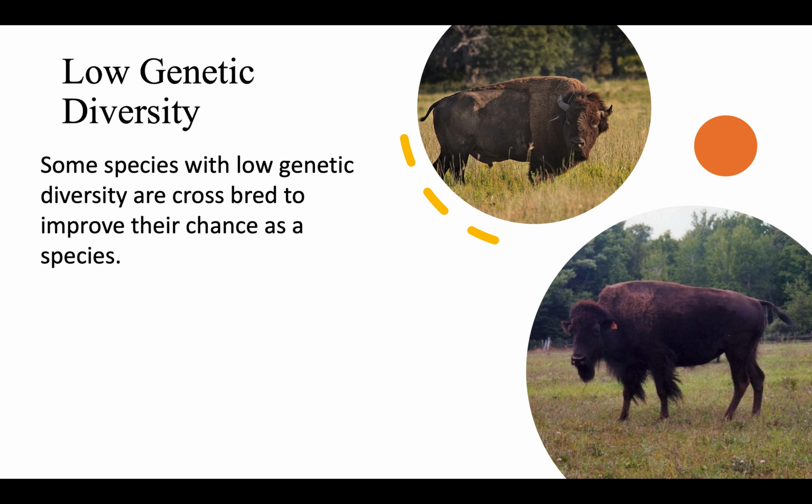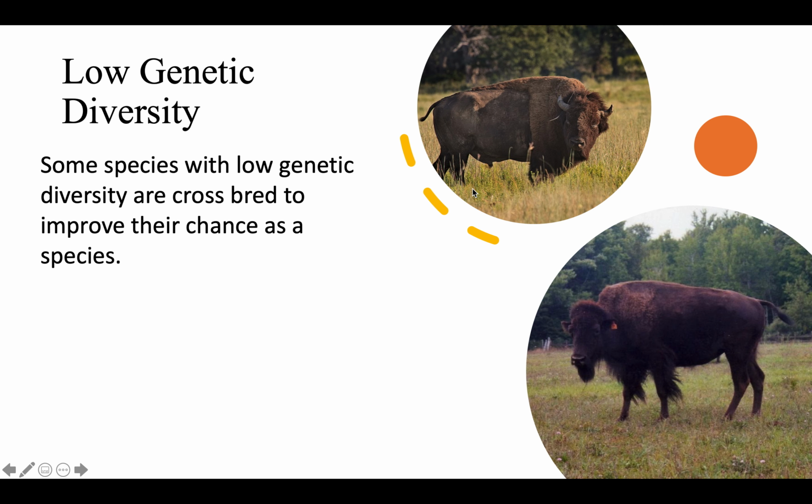So, low genetic diversity. Some species with low genetic diversity are crossbred to improve their chance of survival as a species. For example, here we have a photo of a North American bison. In the 17 and 1800s, the bison were overhunted almost to extinction.